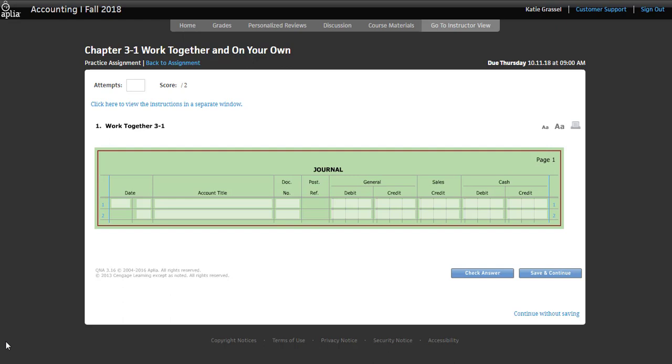So we have lines going across here, and our columns go up and down, starting from left to right. The very first thing we have is a column for date, and you can see that our date column is split between two different columns. You will find we use a journal for every month. Why every month?